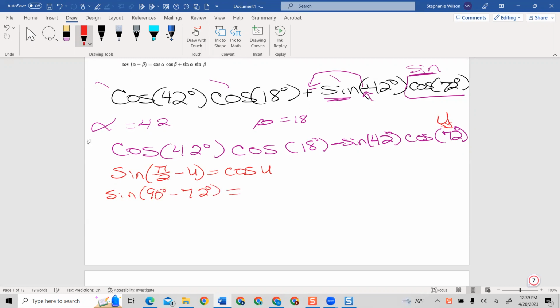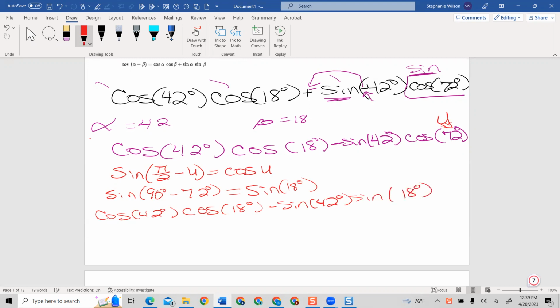So now what do I have? I have 90 minus that 72 gives me 18 degrees. So now I have sine of 18 degrees. Good job. Now we got cosine 42 degrees times cosine of 18 degrees minus sine of 42 degrees times sine of 18 degrees. Now my alphas and betas are the same.